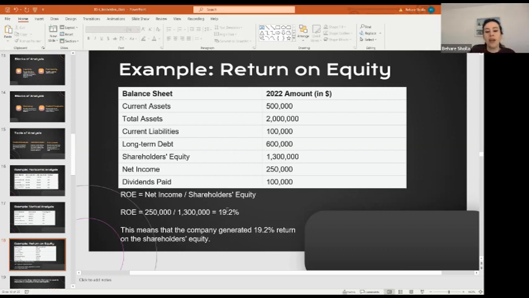We can say that the company generated a 19.2% return on the shareholders' equity. This is, I would say, quite a high percentage. So it is in favor of the stakeholders, which means that the company is managing the assets in an efficient way.